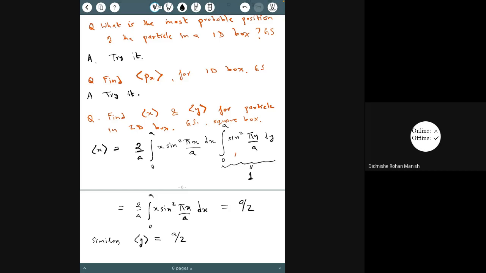Is that fine? So if it's a 2D box, and you're only taking the expectation value of either X or Y, then one part of it will always get integrated out to 1, and you will end up with a result similar to the 1D box.